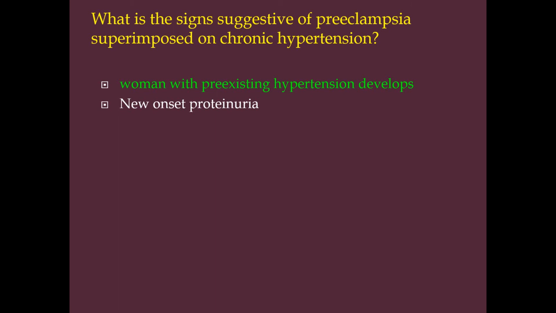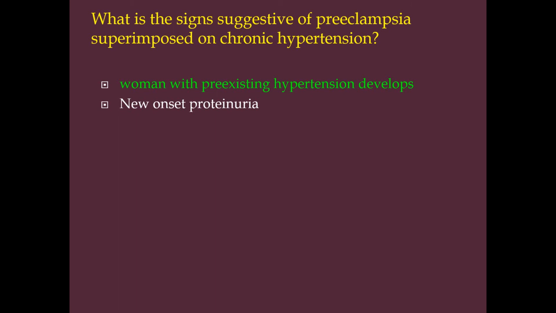The high risk group for preeclampsia should be thoroughly investigated in the first visit. This includes either 24-hour collection of protein or protein creatinine ratio, and if it is more than 0.3, then it is diagnosed as significant. So this baseline investigation is mandatory.